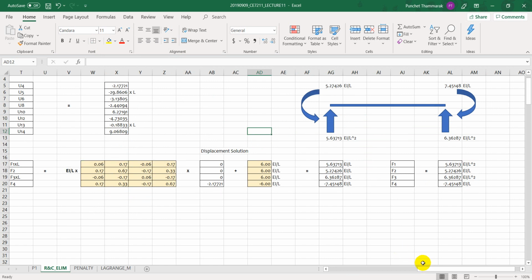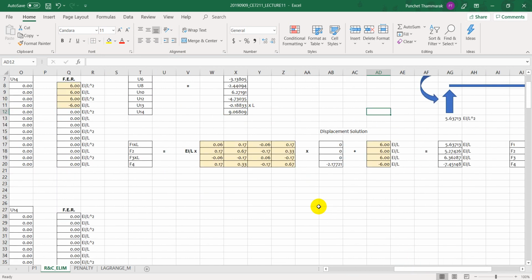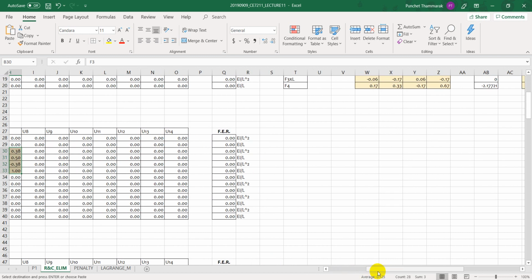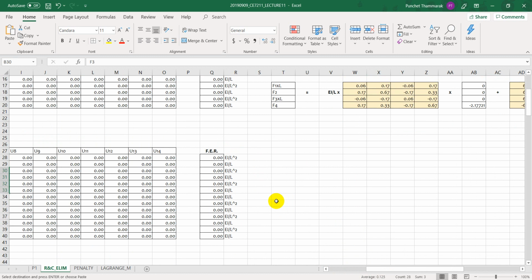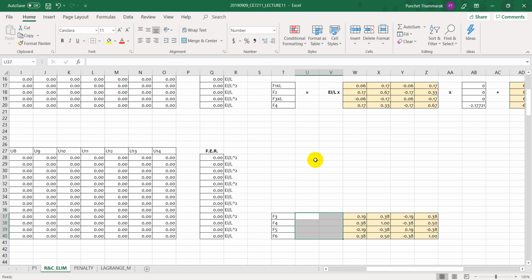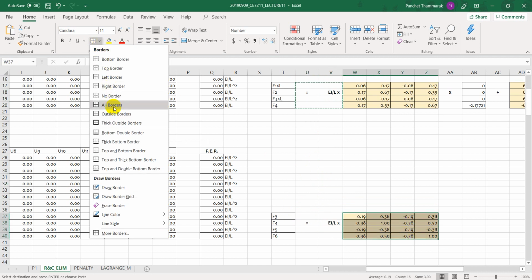We're going to proceed to number 2. So move down here, member number 2. I'm going to pick this up, copy, and paste it here. Keep everything like that, delete everything out and clear this up and multiply by something like this. So you follow the same steps as before.